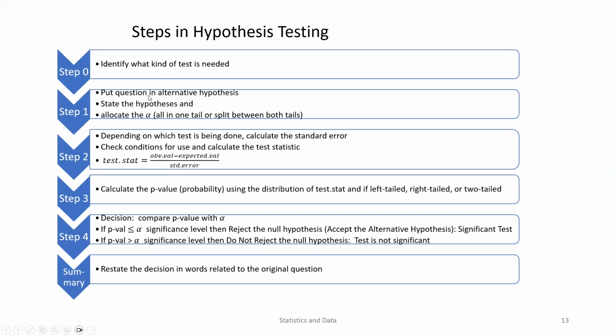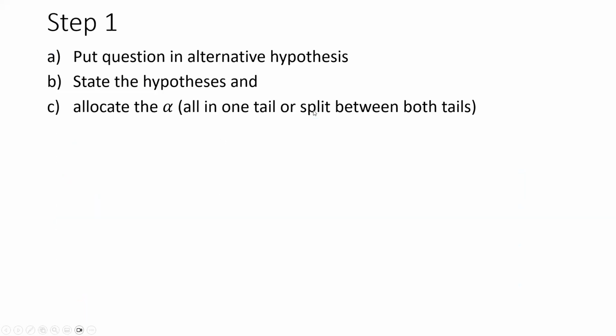Step 1, put the question in the alternative hypothesis, as we were practicing, right? This kind of made me nervous. I asked this question, I think, on Monday, and very few people answered it strongly. So yeah, we always want to put what we're asking in the alternative, and then we're going to state the hypothesis and allocate the alpha, all in one tail or split between both tails.